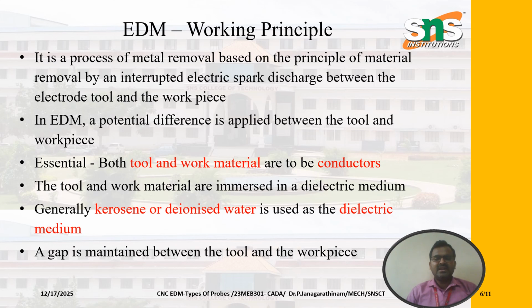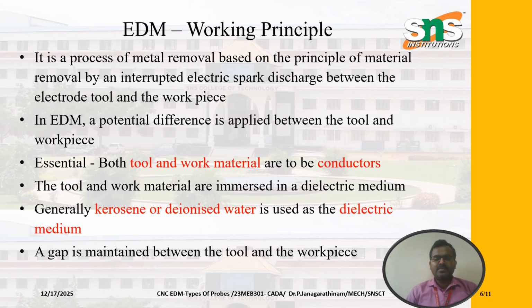So this is the general EDM working principle. It is a process of metal removal based on material removal by an interrupted electrical spark discharge between the tool and workpiece. In EDM, a potential difference is applied between the tool and workpiece. Both tool and work materials must be conductors.